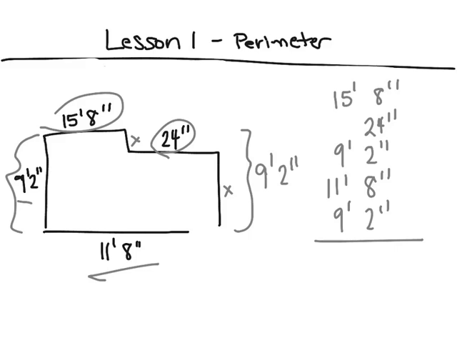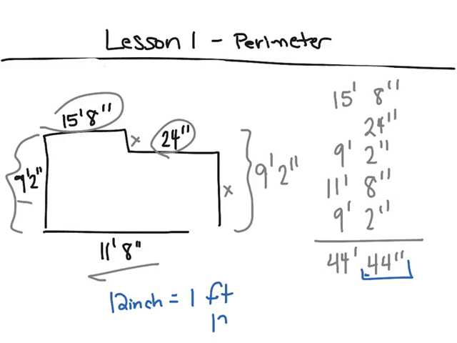When we add all this up, 8 plus 24 plus 2 plus 8 plus 2 is 44 inches, and 15 plus 9 plus 11 plus 9 is also 44 feet. Because 44 inches is a pretty big number, we are going to change that into feet. There's 12 inches in 1 foot, so we're going to divide 12 into 44.